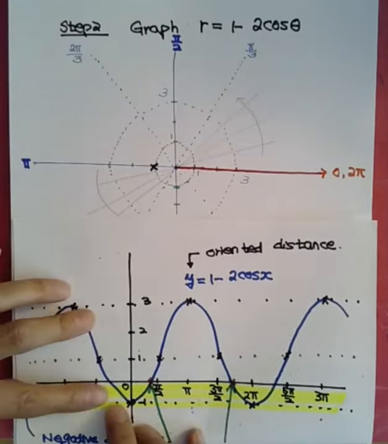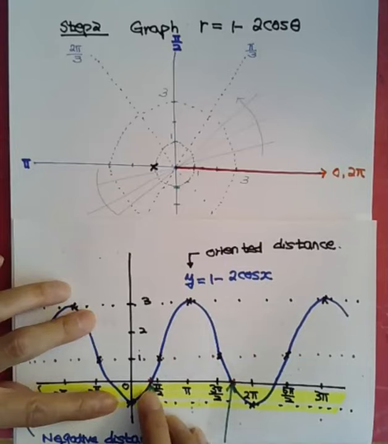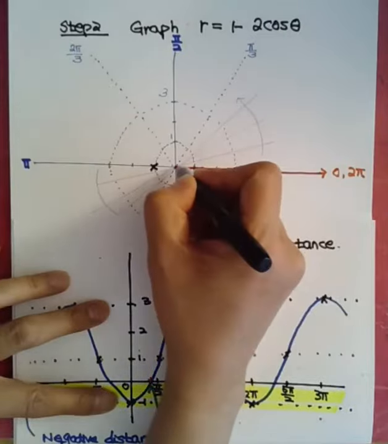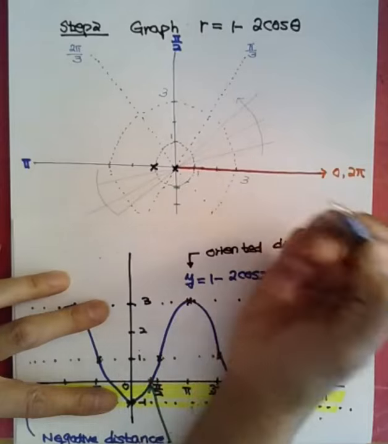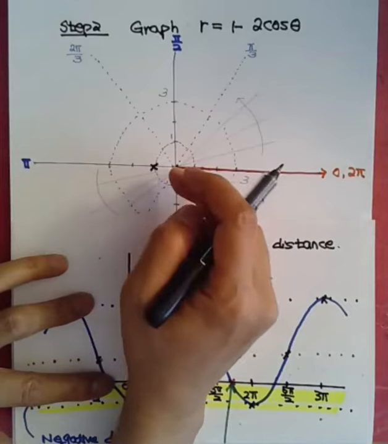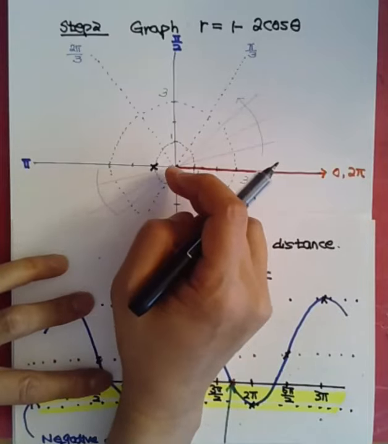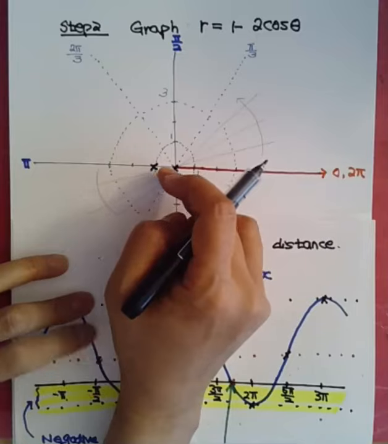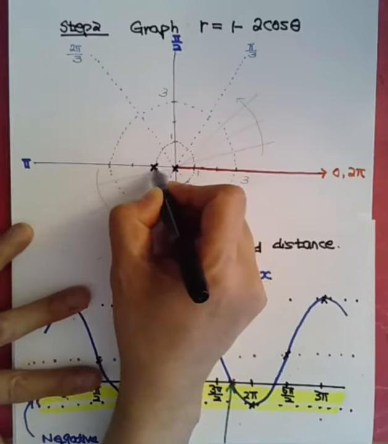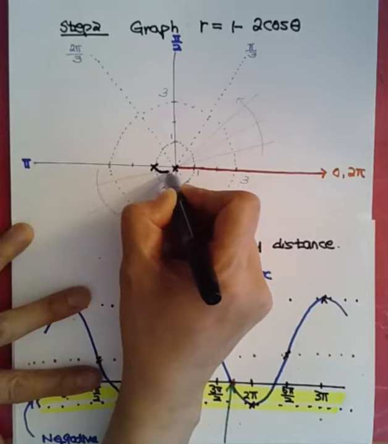When it becomes pi over 3, the distance eventually becomes 0, so it'll pass the origin. What happens in between is that the distance between the origin and that point will become smaller and smaller. The only way that can happen is when the graph looks like this. This is the direction.